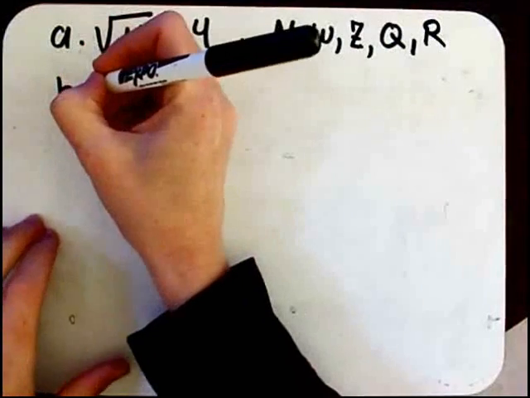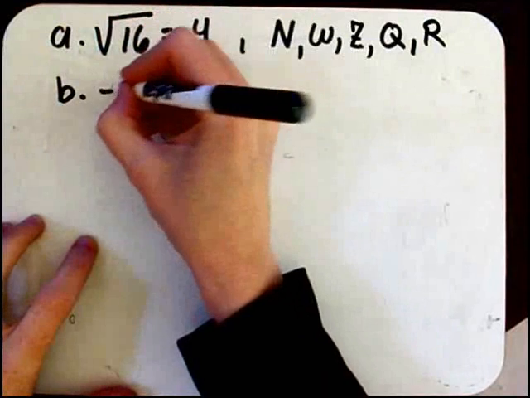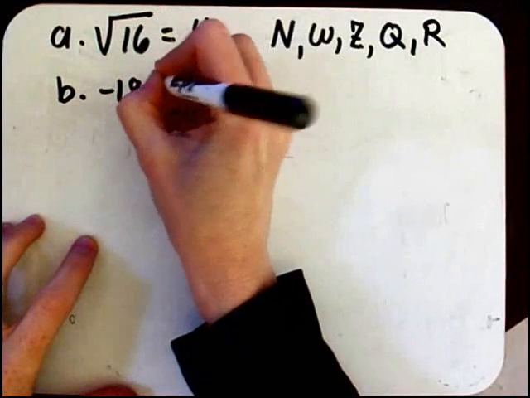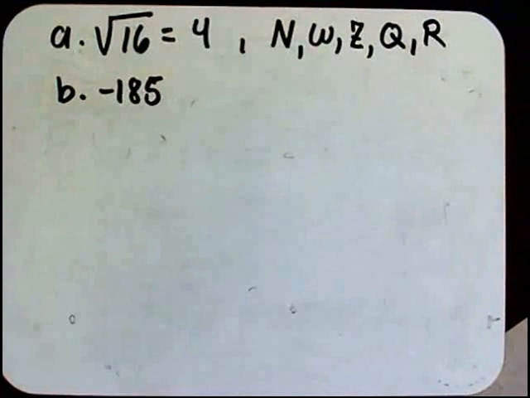Part B, middle of page 12, negative 185. Let's go up the chain. Is it a whole, is it a natural number? No, it's not. It's negative 185. Let's look at our next ring, which is a whole number: 0, 1, 2, 3, 4, 5. Doesn't fall there either. Z, it's an integer. Yes, it's an integer.